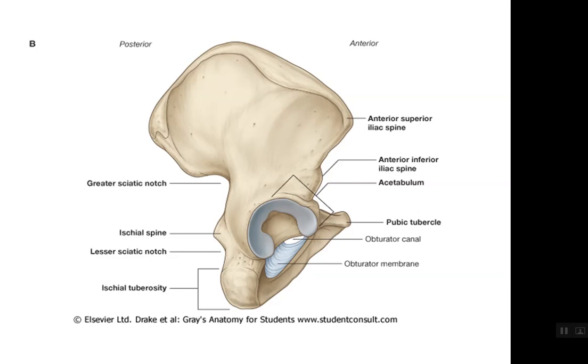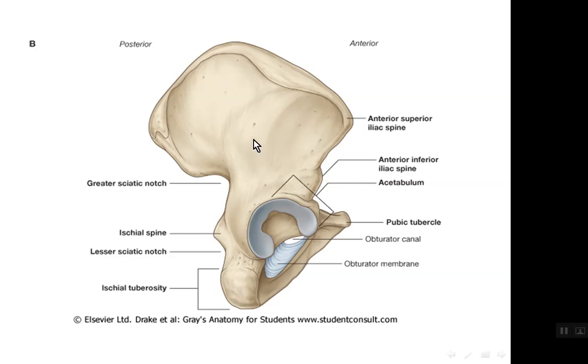In the inferior posterior portion, we have the ischial bone. The most important feature of the ischial bone is the ischial tuberosity, the place through which, in the sitting position, the weight of the body is transferred to the ground.